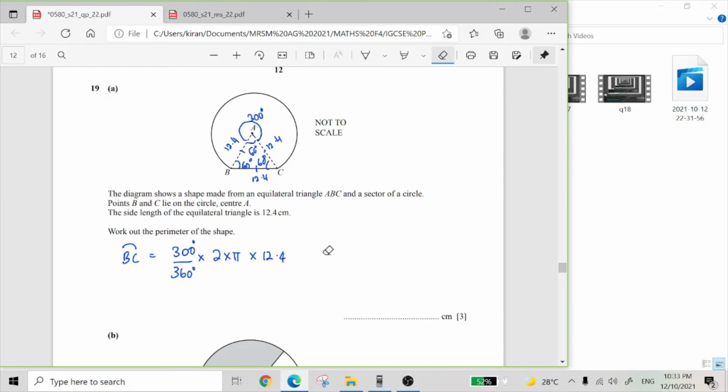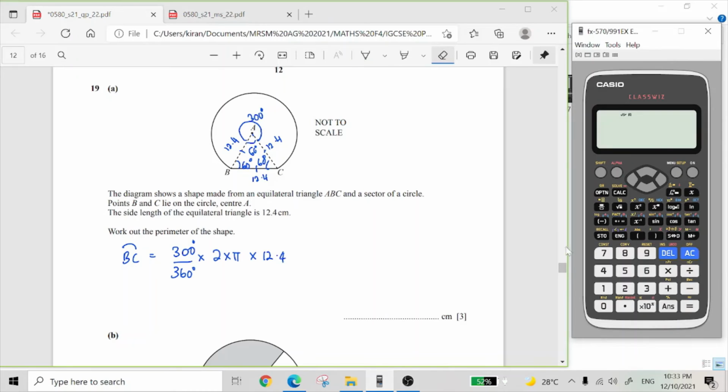So we just calculate this part. 300 over 360 here, and then we multiply with 2 multiply with pi. You can choose either to use pi or 3.142, and times with the radius.